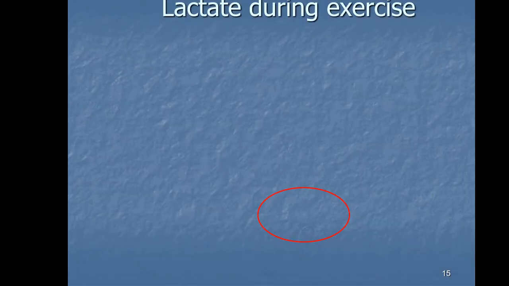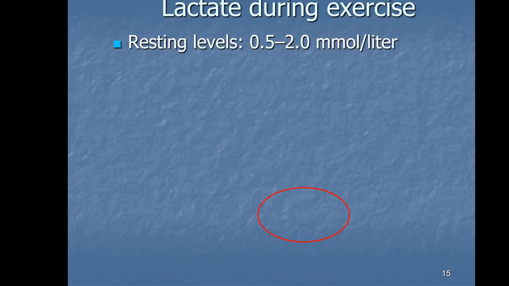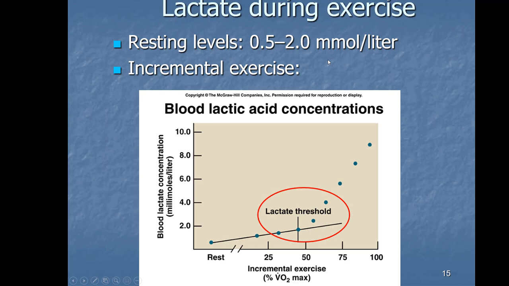All right, so how does lactate respond to incremental exercise? This graph depicts it relatively well. Resting levels are generally less than 2 millimoles per liter of blood. As far as how it changes during exercise, on the x-axis we have intensity, so 25, 50, 75, 100%, and lactate level on the y-axis.